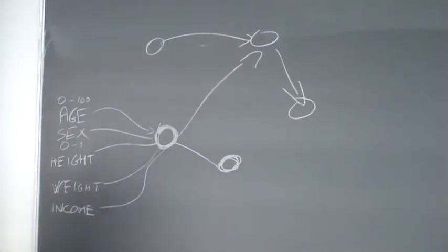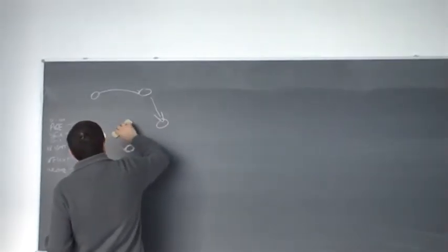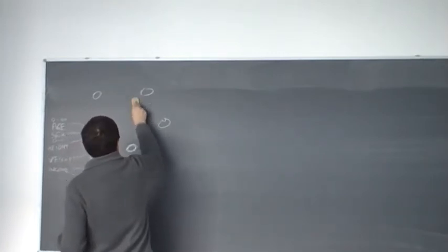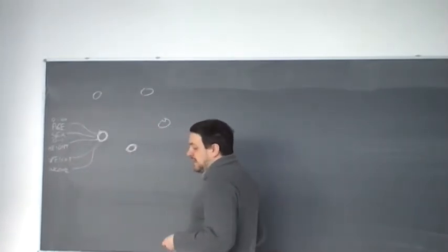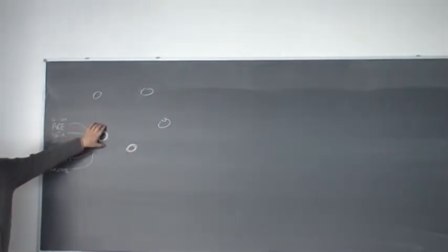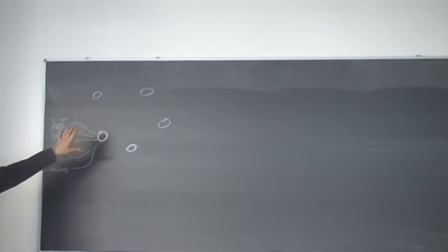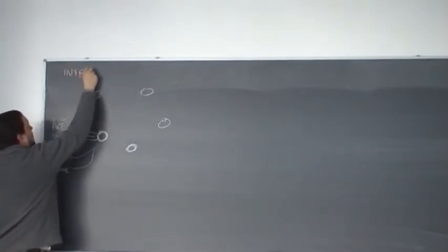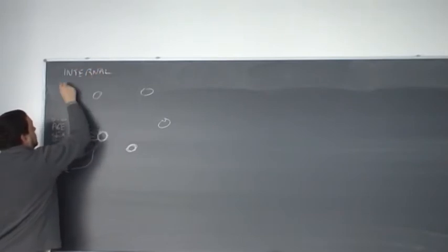They're all numbers that represent your people. Forget about relationships. All we have about our objects is a set of numbers that represent them. We call this an internal representation.